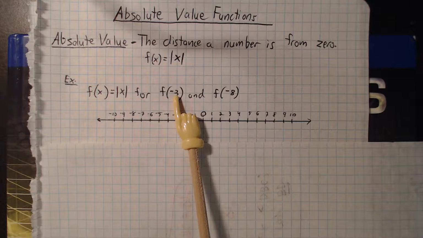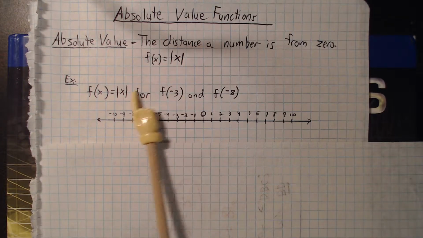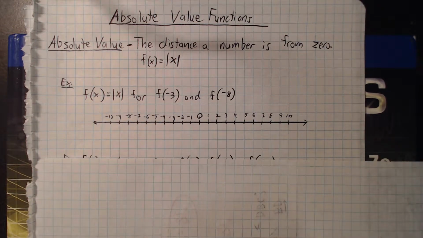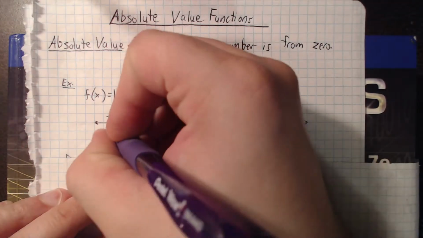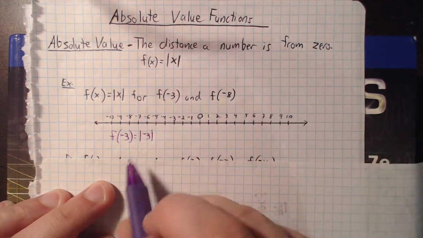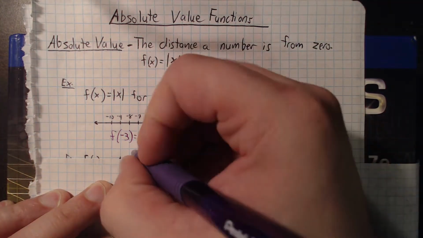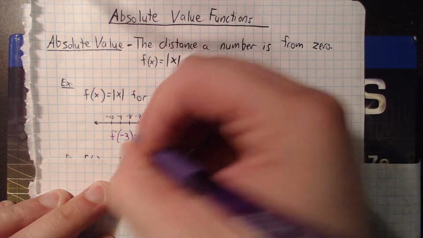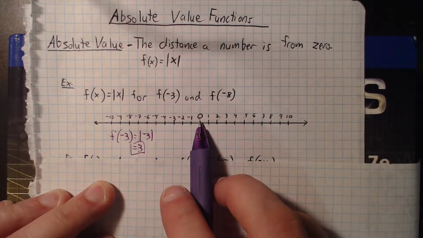So even though we're evaluating a negative number, we end up getting a positive value back. So f evaluated at -3, in other words the absolute value of -3, is 3, because it's 3 units away from 0.